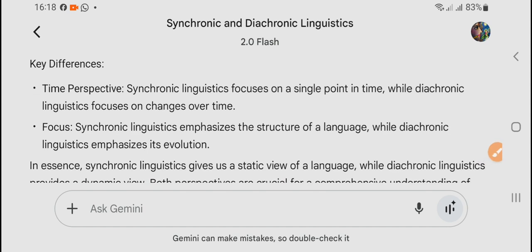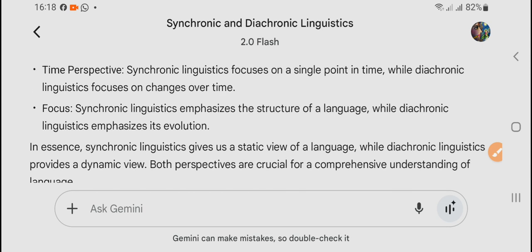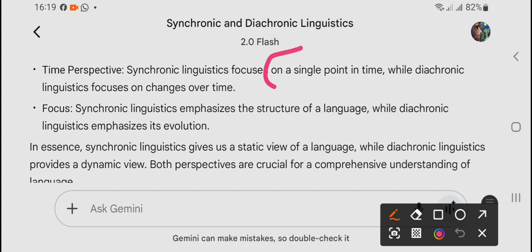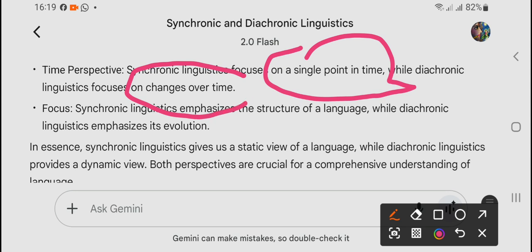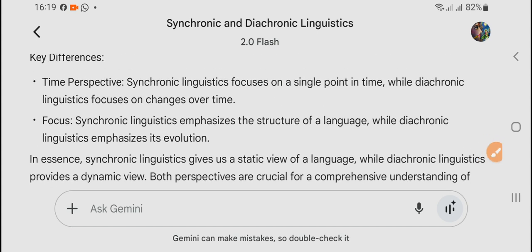Okay, now key differences. Number one, time perspective. What are the differences between synchronic and diachronic? Synchronic linguistics focuses on a single point in time, while diachronic linguistics focuses on changes over time. This is the base time perspective.